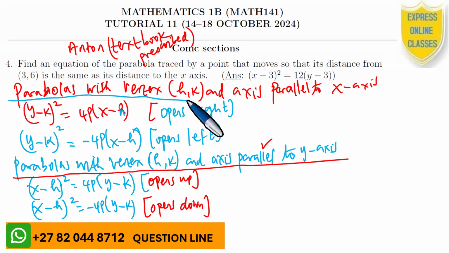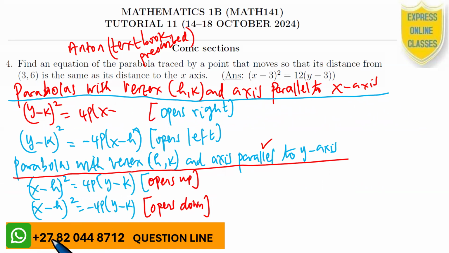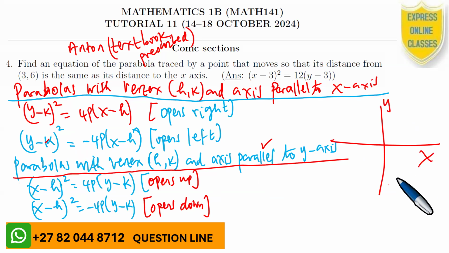I want us to take a deep breath, reflect on this, and try to internalize them. It's not about just having these formulas, but remembering them. You can have (y minus k) all squared, but then we have 4p(x minus h). Look at it in terms of the cardinal axes.